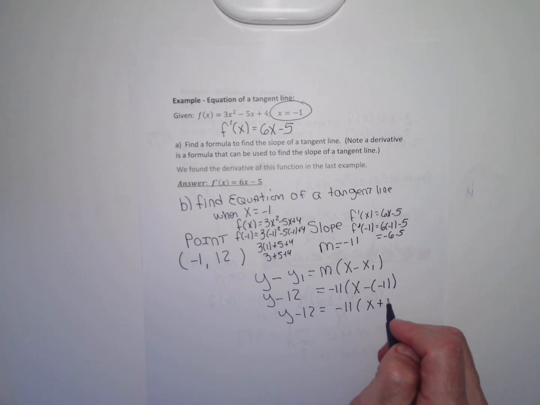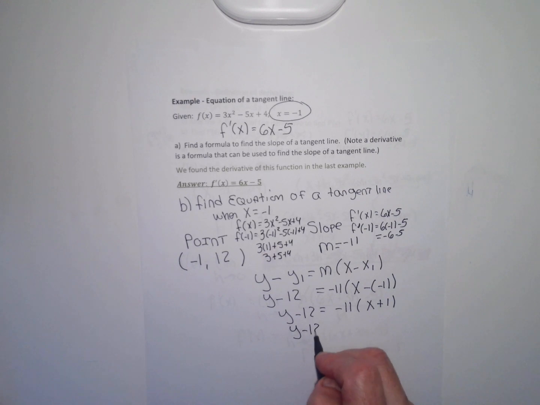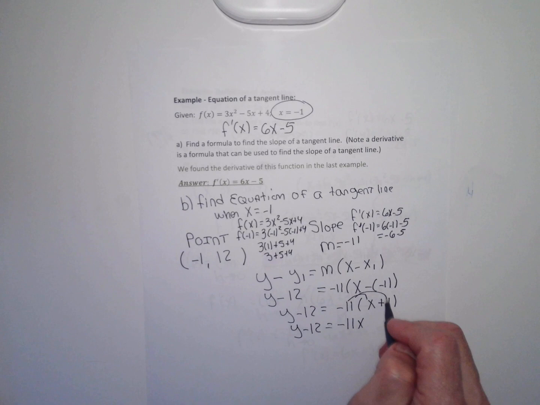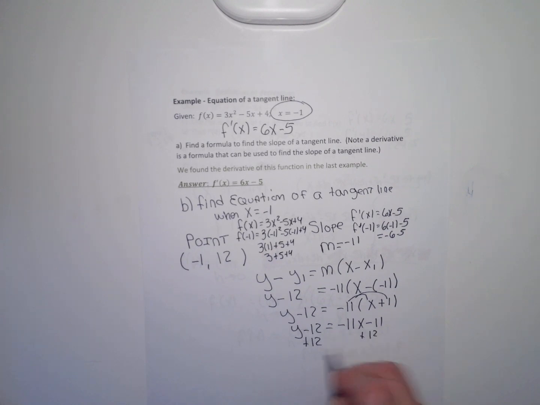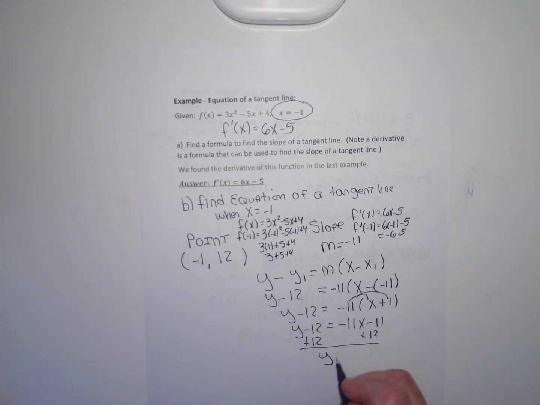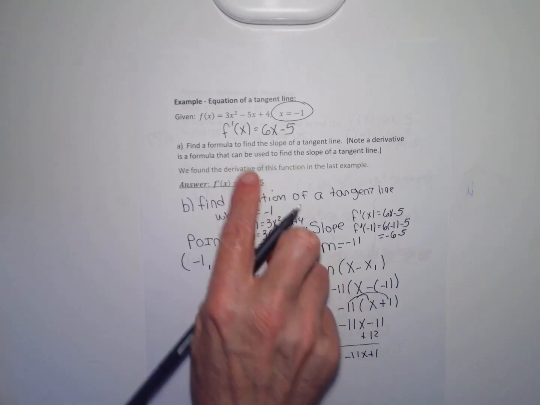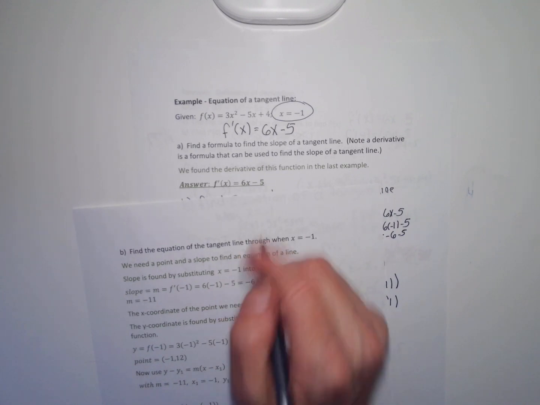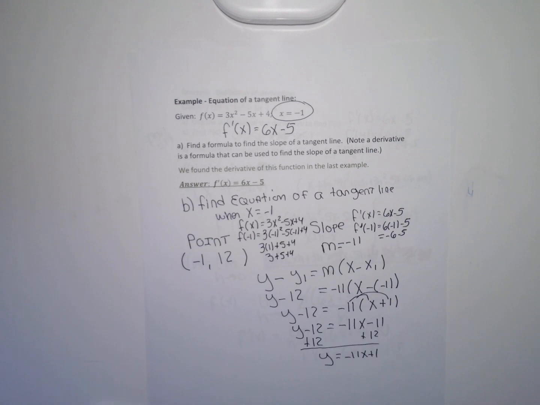I'm going to clear my parentheses and get y minus 12 equals -11x minus 11. I'm going to solve for y by adding 12 to both sides. This gives me y equals -11x plus 1. That's the answer to this part B. Find the equation of the tangent line when x equals -1. It's going to be y equals -11x plus 1.